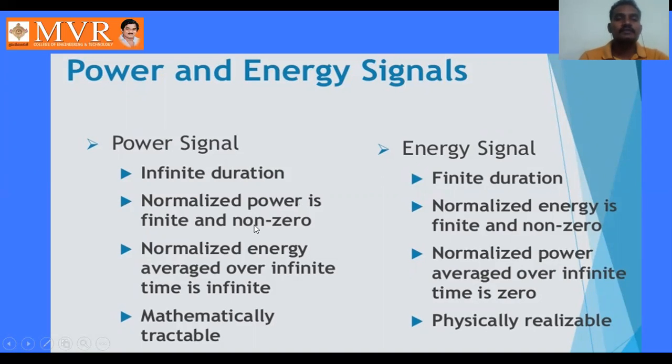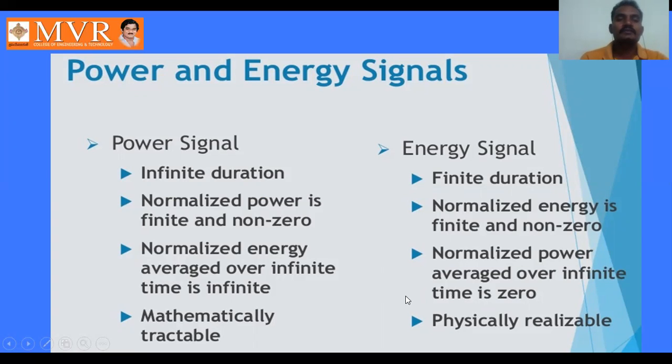In power signals, the normalized power is finite and non-zero, whereas in energy signals, the normalized energy is finite and non-zero. Coming to power signals, the normalized energy averaged over infinite time is infinite, whereas in an energy signal, the normalized power averaged over infinite time is zero.